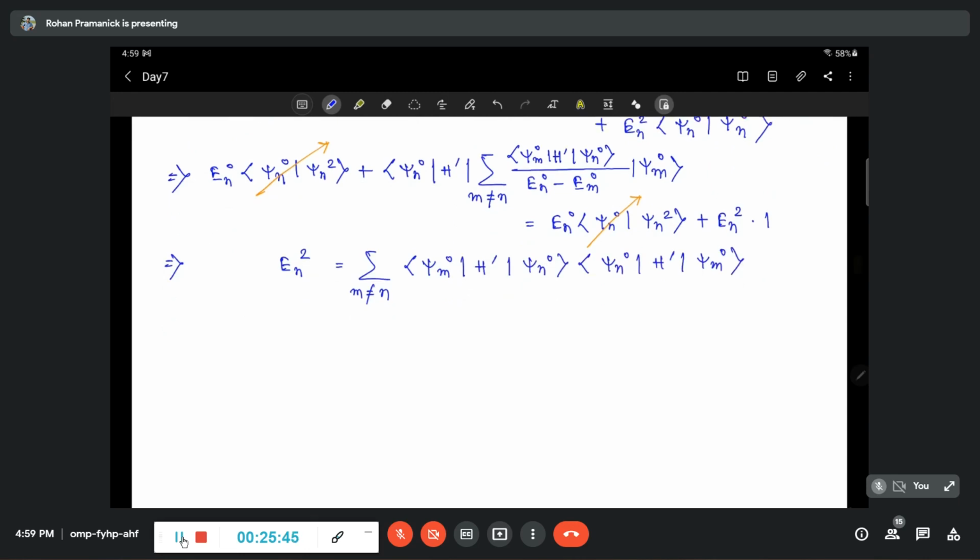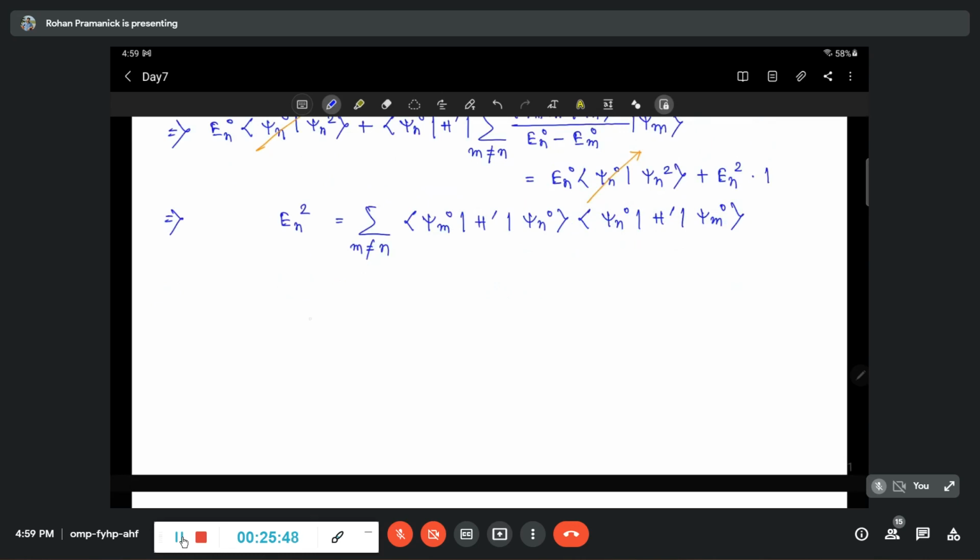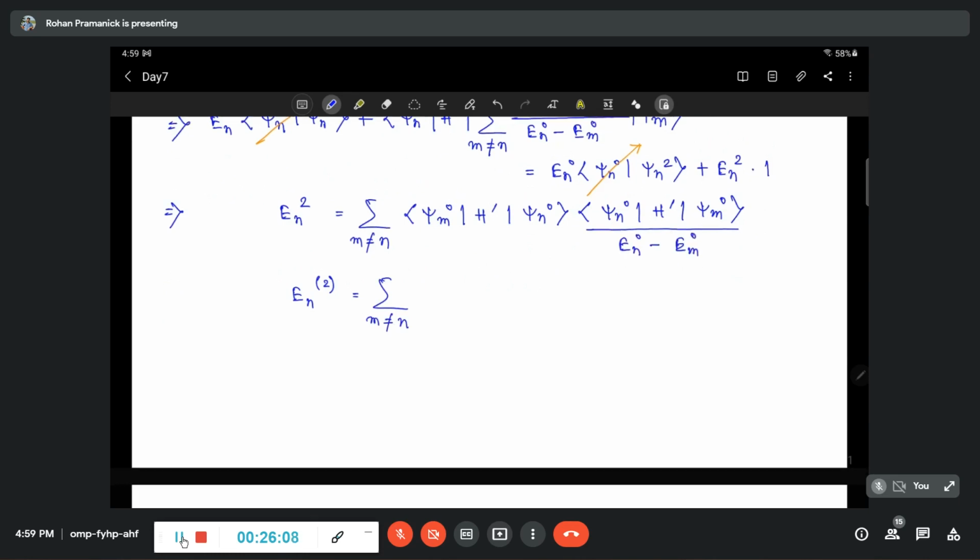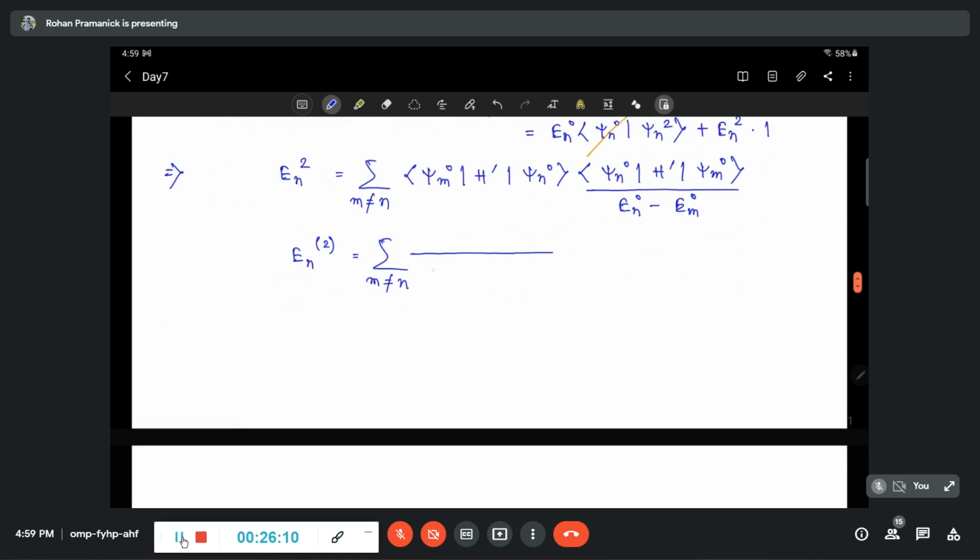So what is this? This is nothing but the mod squared, right? So this is En, the second order correction, which is the sum over m not equal to n. I missed the denominator somehow, you should remind me. This is En0 minus Em0. These are the same things, but complex conjugates of each other.